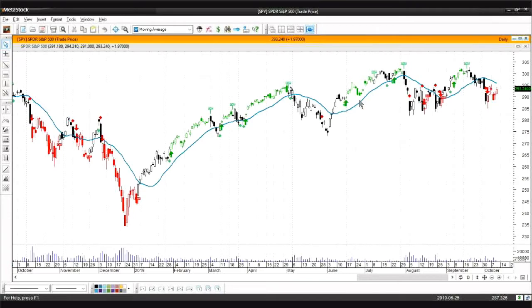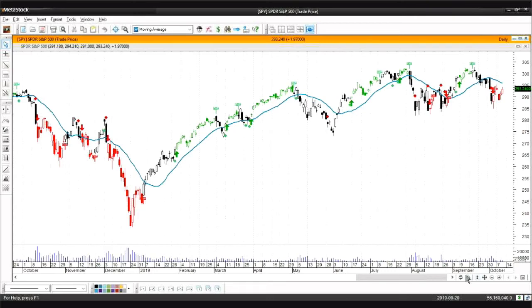Generally, I look for about a 45-degree angle. I consider that significant. Okay, you can take trades that have less of a slope. Certainly, you definitely want to take trades that have more of a 45-degree angle slope. But those are the trades that I want you to really focus on.